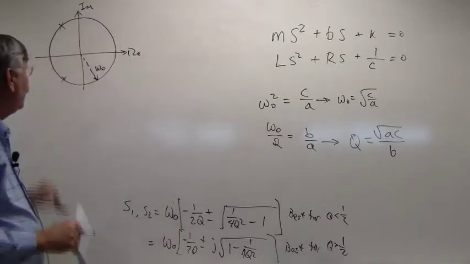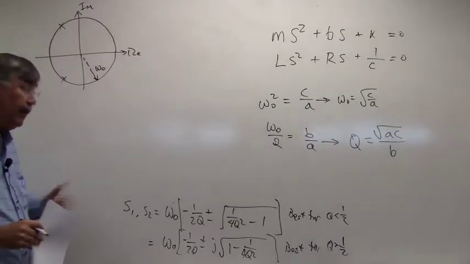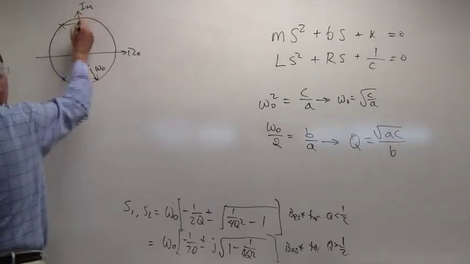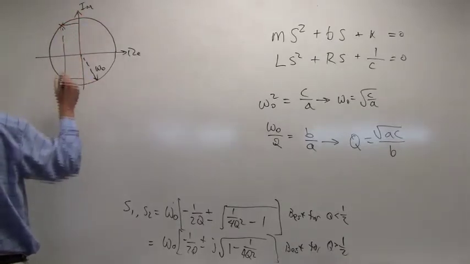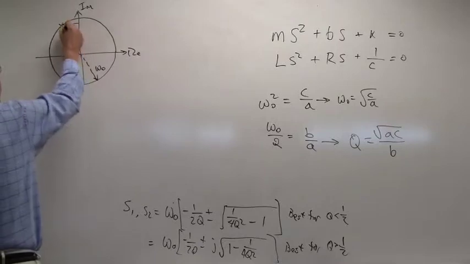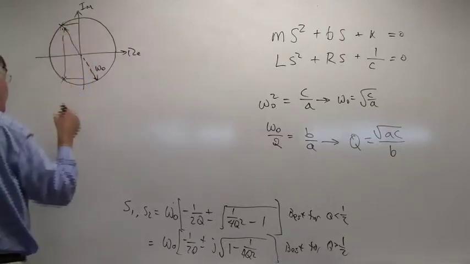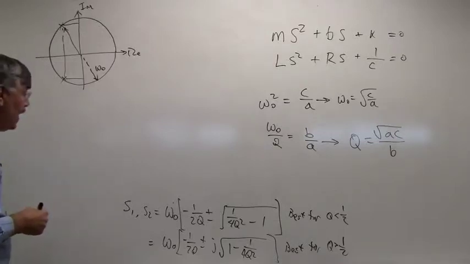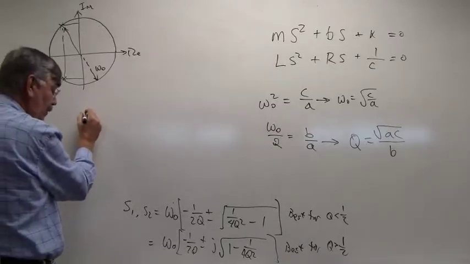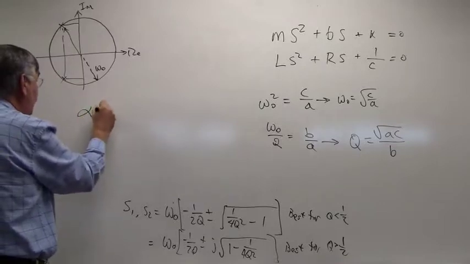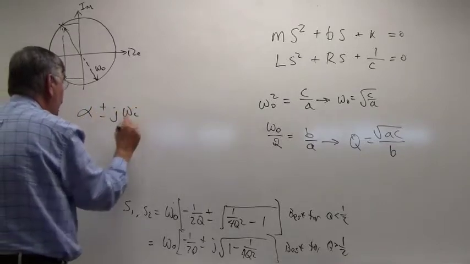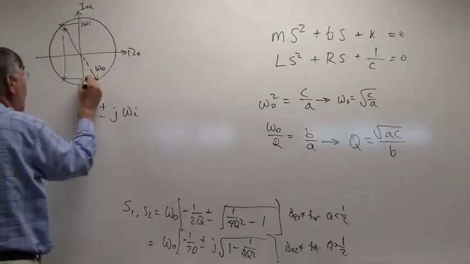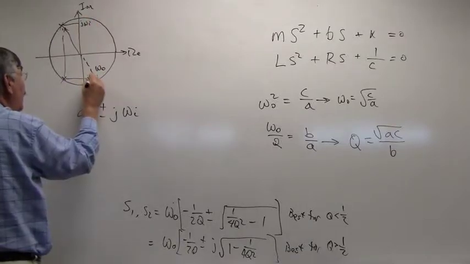Omega naught is the radius of a circle that the roots lie on, in this case where omega naught and q are positive. And so the roots would be located here. We can figure out an angle of those roots and the phase. Typically, for a lot of things, these roots are in the left half of the plane, in which case the roots would be written something like minus alpha plus or minus j times some omega sub i, where this is plus j omega sub i and this is minus j omega sub i.